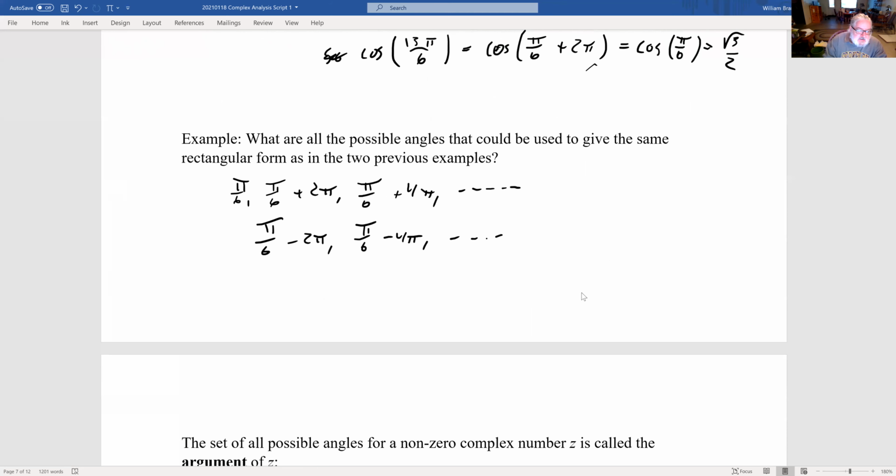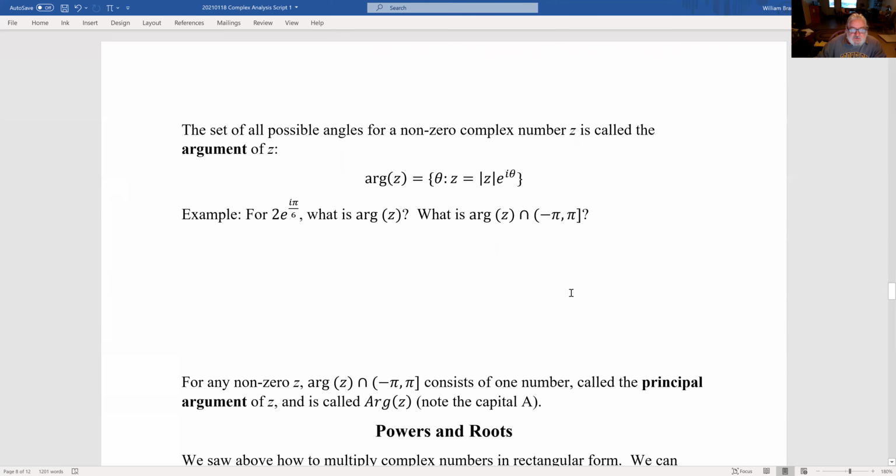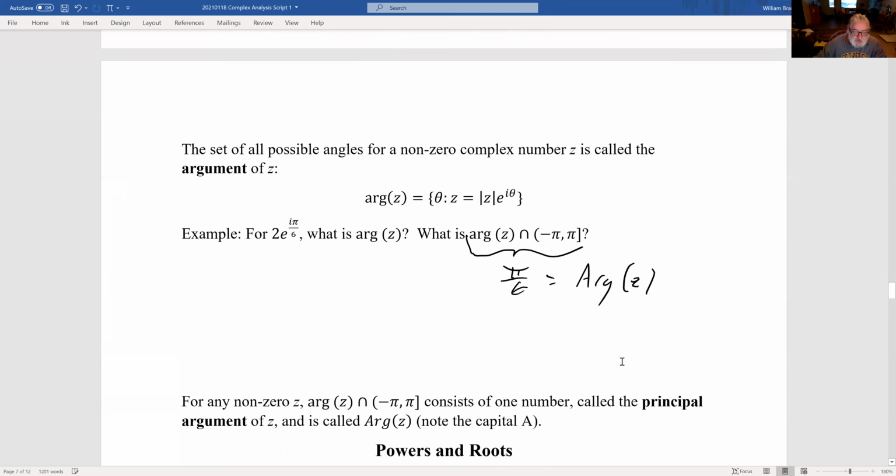This whole set of numbers is called arg of z, the argument, with a lowercase a. And so that's what arg of z is. There's only one element that's between minus pi and pi, and that's pi over 6. And that's the principal argument, which is Arg of z with a capital A.